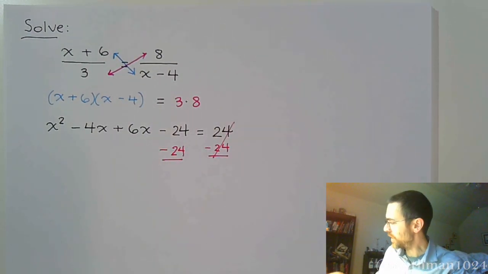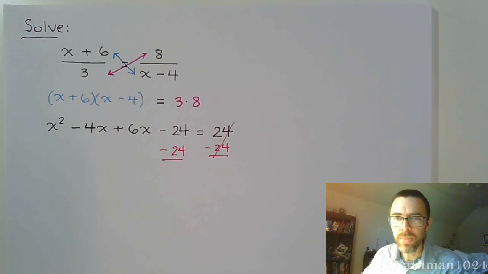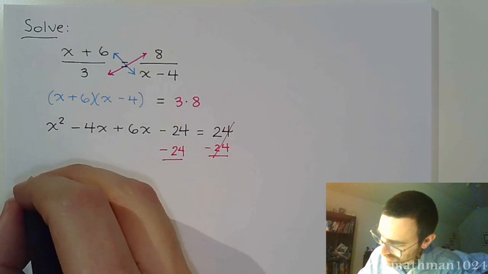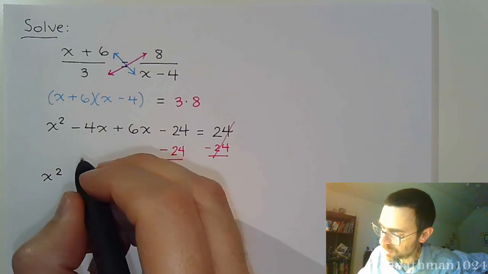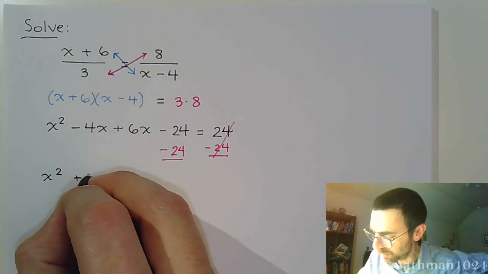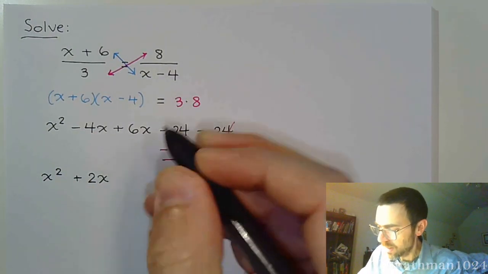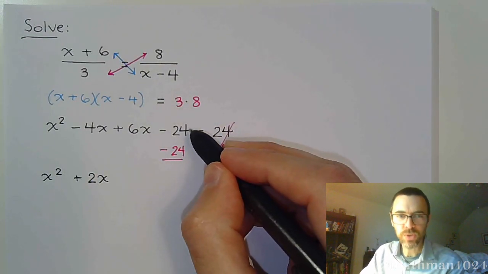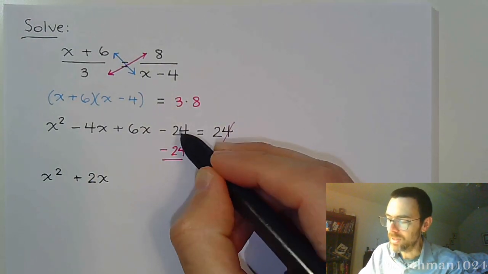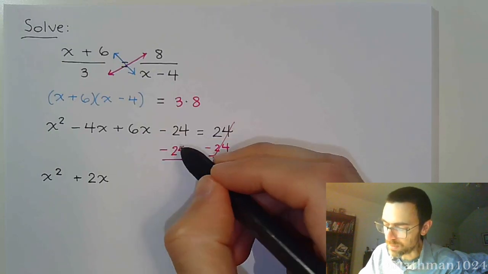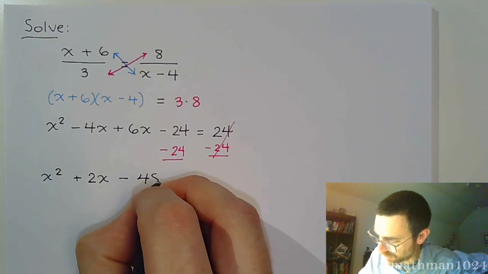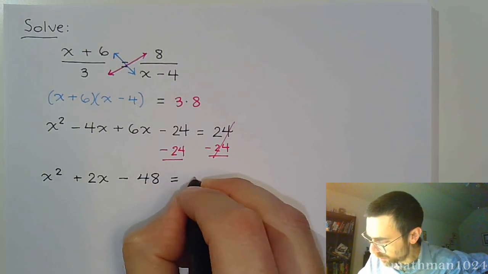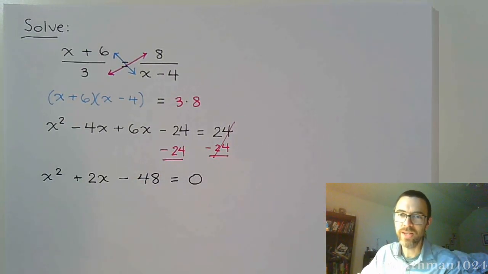Combine like terms. So we have x squared minus 4x plus 6x, which gives plus 2x. Please make sure you understand that these 24s do not reduce away. This is minus 24 and another minus 24. That means a total loss of 48. Also remember that this is equal to 0 on the right side.